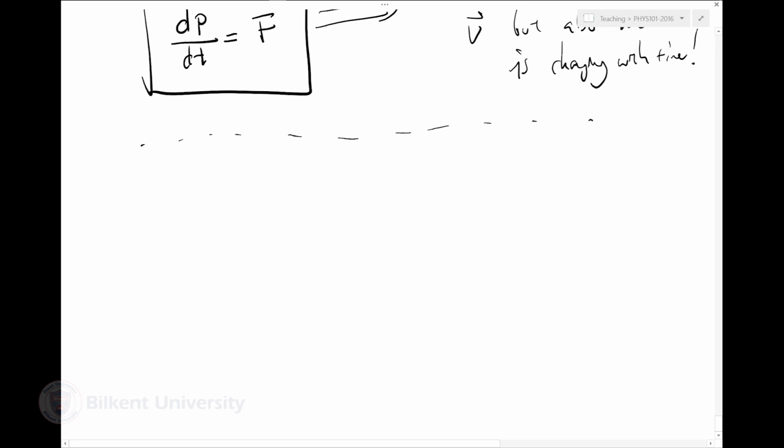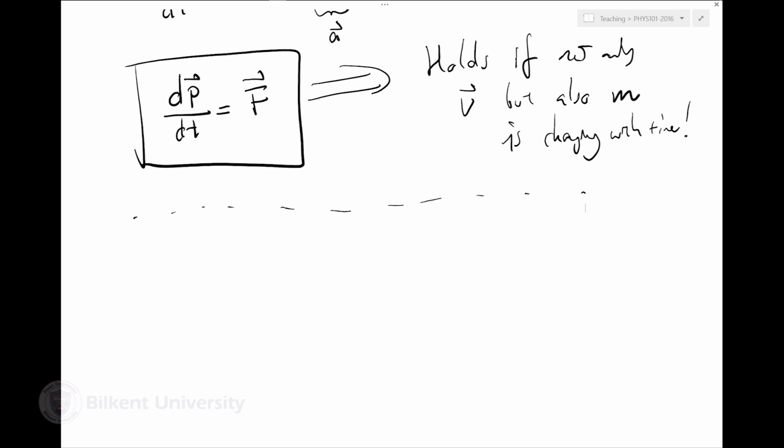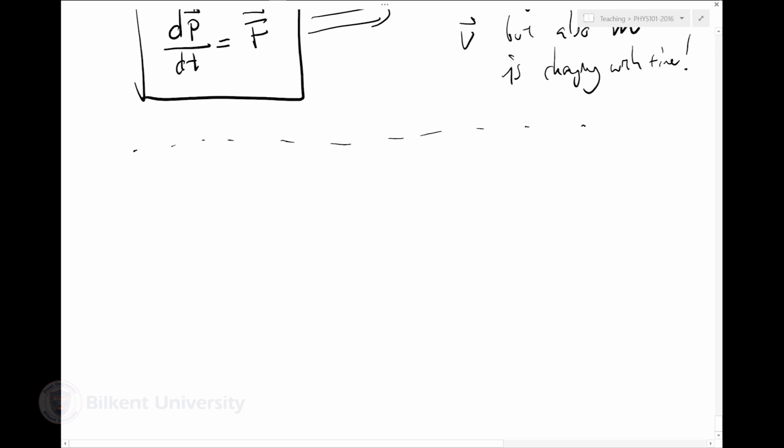I'll also claim that this equation, Newton's second law, gave us dp/dt is F. Newton's first law is kind of trivial, right? If F is 0, dp/dt is 0. But if I look at a more general system, let's say that I have two masses, m1 and m2, and let's say that at any moment, this one has v1, this one has v2.